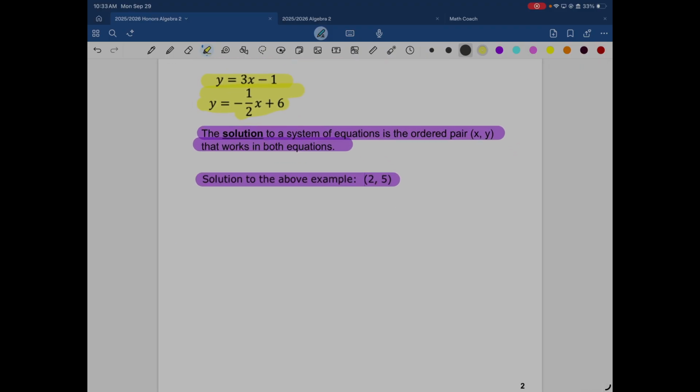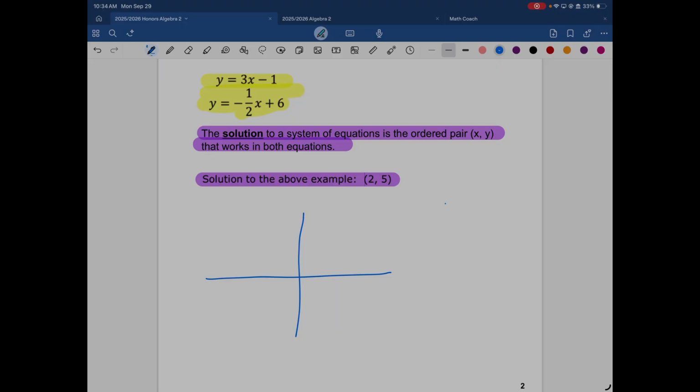So what we're going to do on our coordinate plane, so your guys' is nice and neat, mine is not. And you have to be very, very accurate when you're doing these because we're looking for this point that's the point of intersection. And if you're not very accurate with these, it could go in a bunch of different places. So we're going to start out by graphing the first one, y is equal to 3x minus 1.